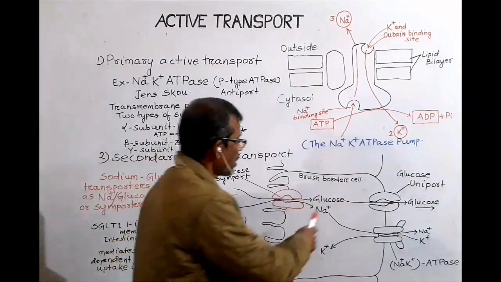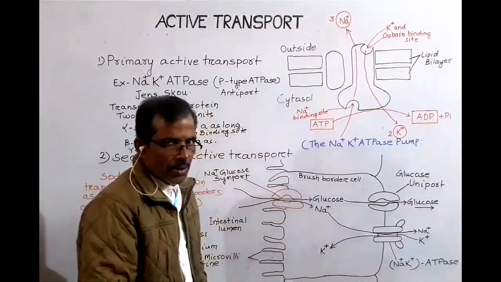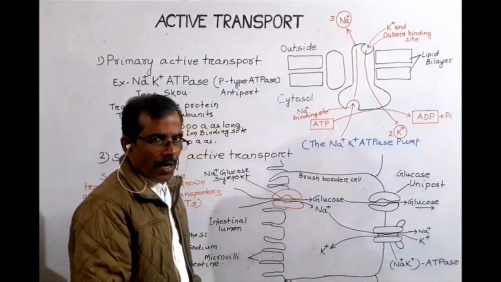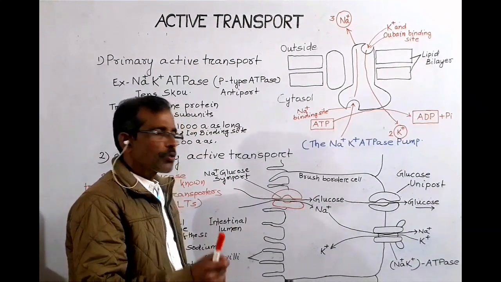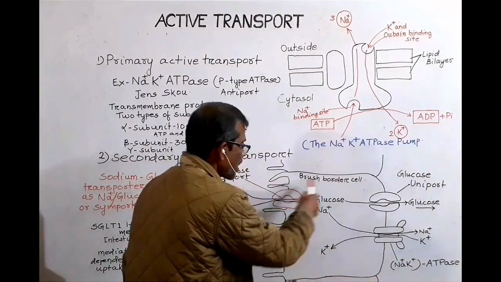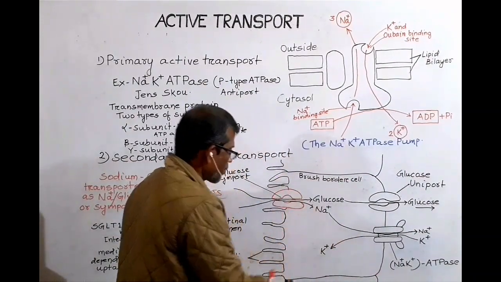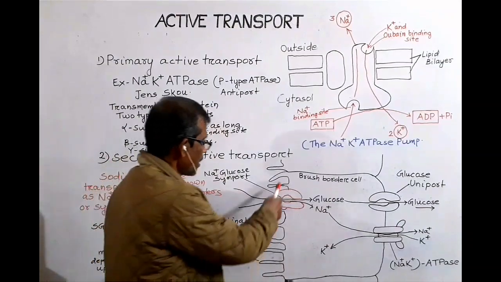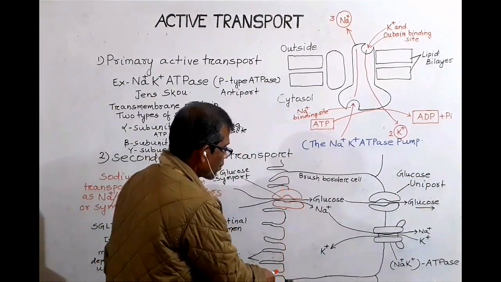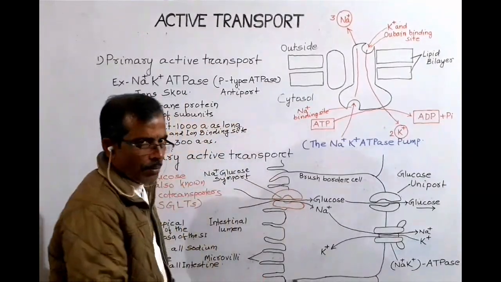This figure explains the process of secondary transport, which is carried out by the sodium glucose cotransporter. This is the brush border cell, and these finger-like projections are the microvilli. This membrane is the apical membrane, and this membrane is the basolateral membrane.